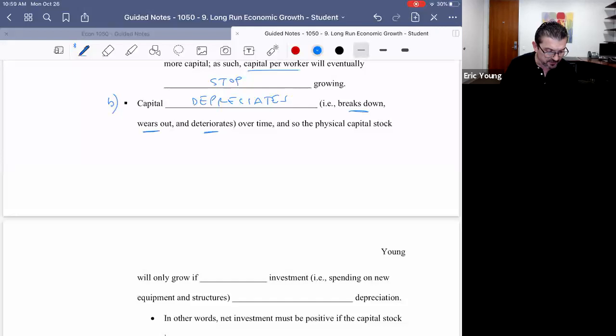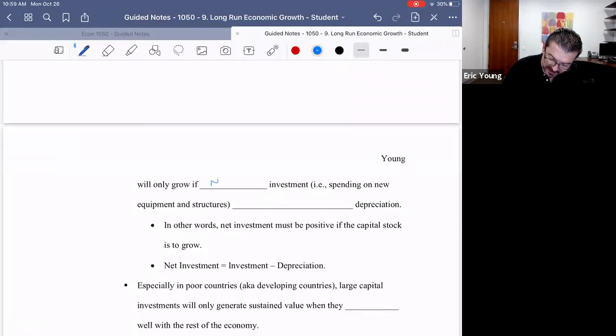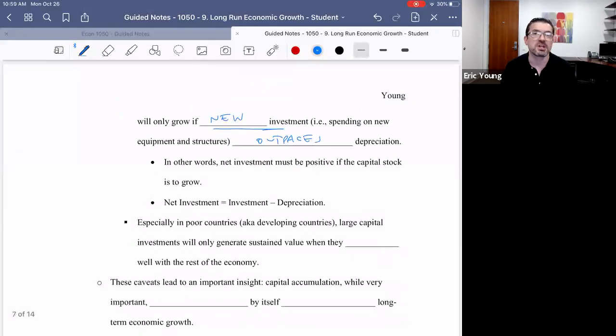As a result of this, we believe that the physical capital stock will only grow if over time new investment outpaces depreciation. So we believe that capital is important, but we know that capital has diminishing returns. We also know here that capital will depreciate.